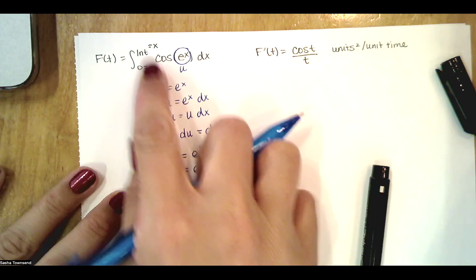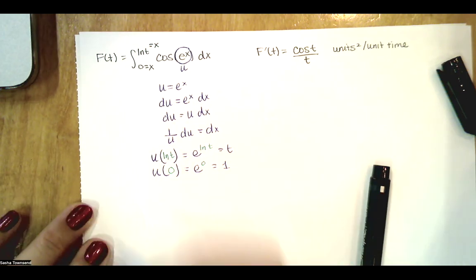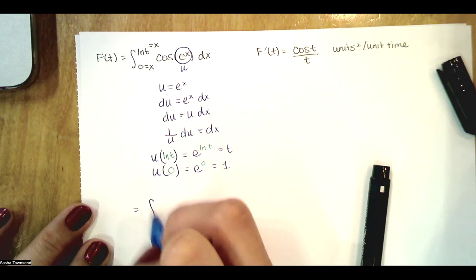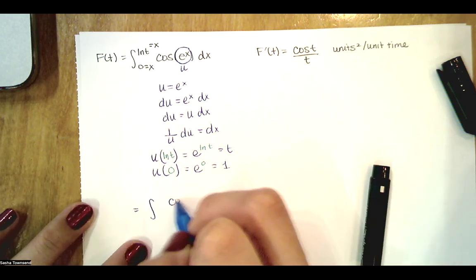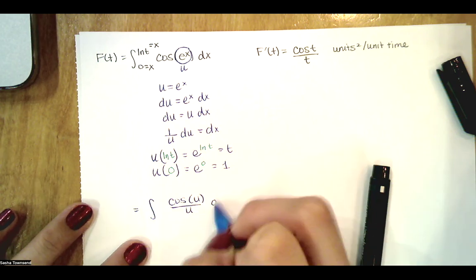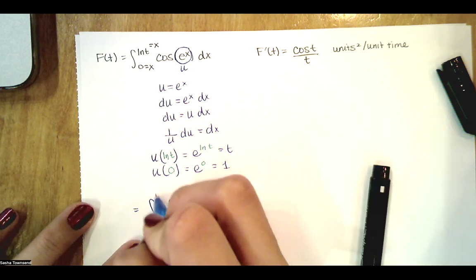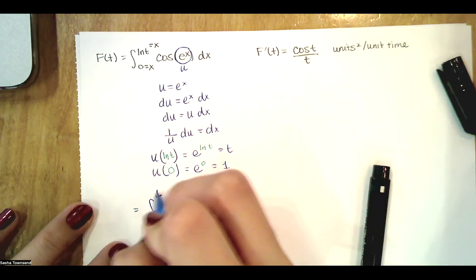So this integral from 0 to natural log of t of cosine of e to the x dx is equal to the integral of cosine of u times 1 over u, so there's a u in the denominator, du, from u equals 1 to u equals t. Oops, t.